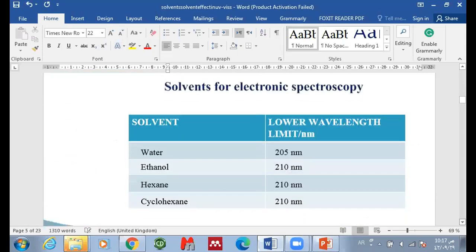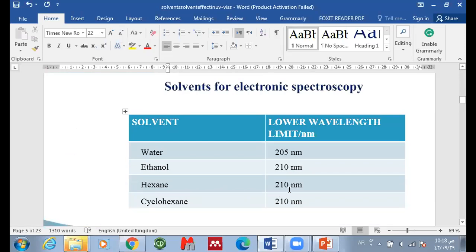So for solvents for electronic spectroscopy, we should give attention to the absorbance region. So water, 205 nanometer. This is the lower wavelength limit. Ethanol, 210 nanometer.